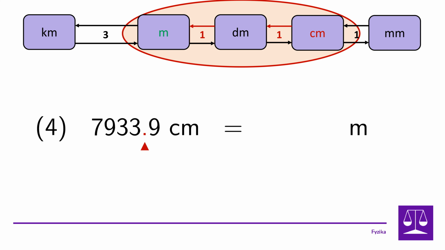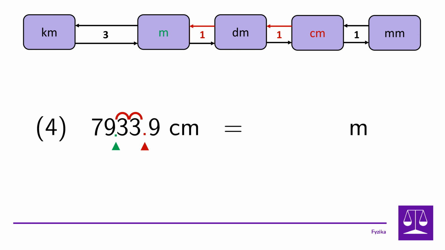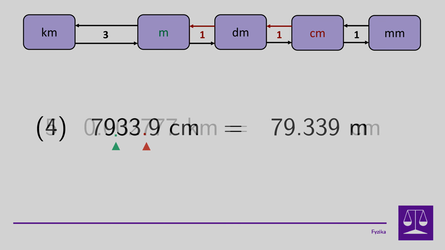That means we'll move 2 places to the left in total. So we take the decimal point and move it 2 digits to the left. The resulting value is therefore 79.339 meters. The result is that 7,933.9 centimeters is 79.339 meters. That completes the fourth conversion.